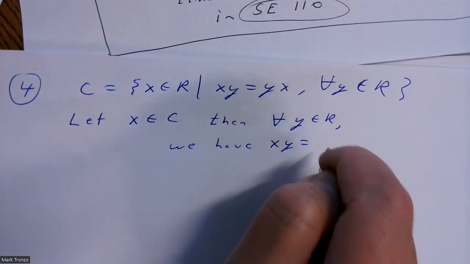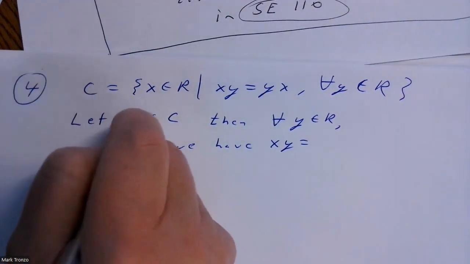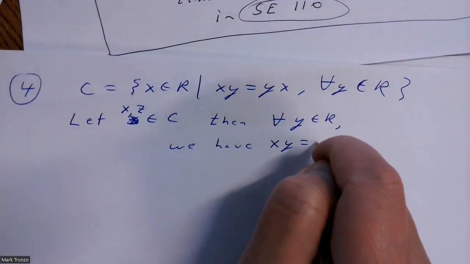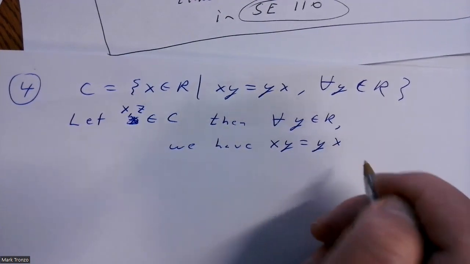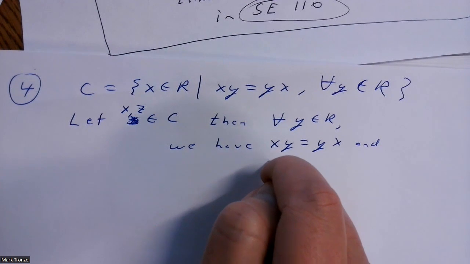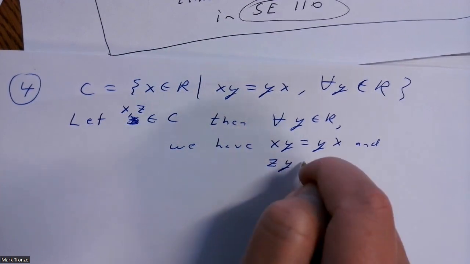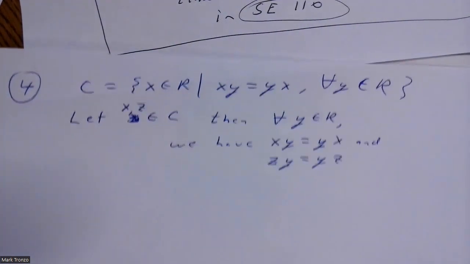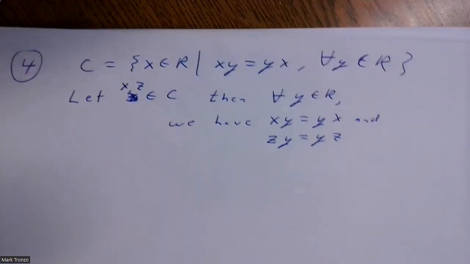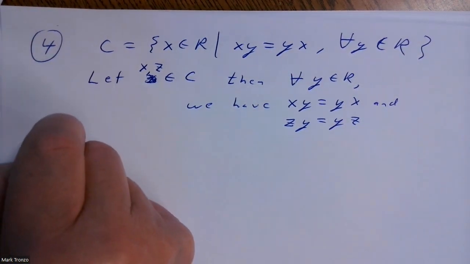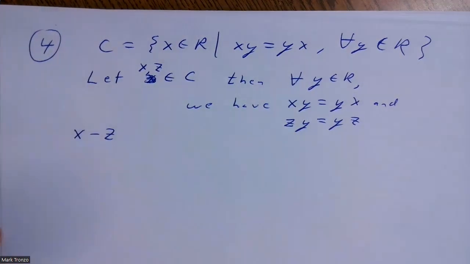and actually, let me take two. Let me call this, let's say X and Z. And then we have this, and we have Z Y equals Y Z. So we picked two typical ones, and now say to ourselves, then let's check X minus Z. So we want to see if that's in there.